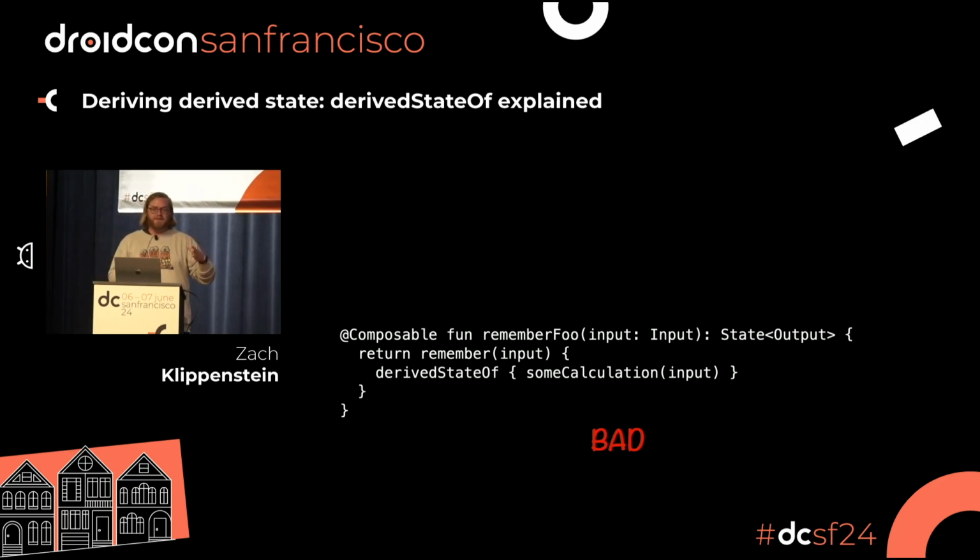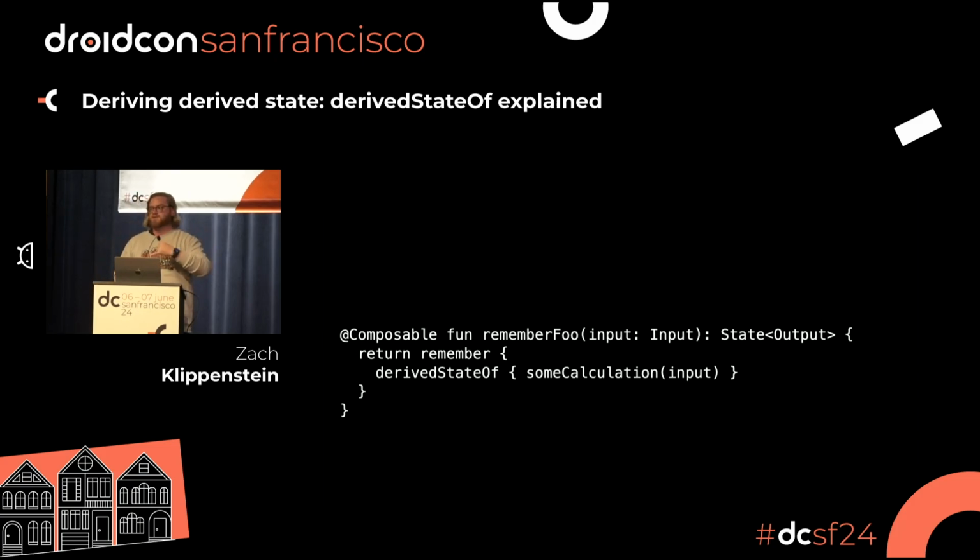Probably what you intended by writing this code is to return the same state object that updates when the input changes. So to make that work, we have to take the key out of the remember. And this means that every time this is called in the same spot in the composition, it'll return the same state object. So we only create that derivedStateOf one time. And now we just assume it's going to update. It won't update here, like I said a couple slides ago, because that derivedStateOf lambda is just capturing that input value.